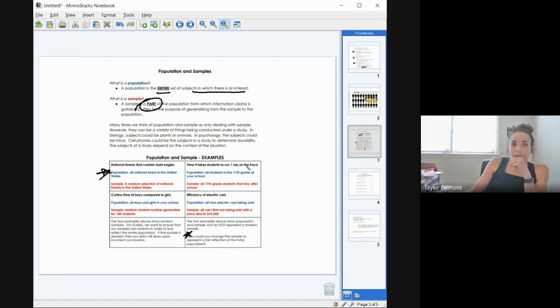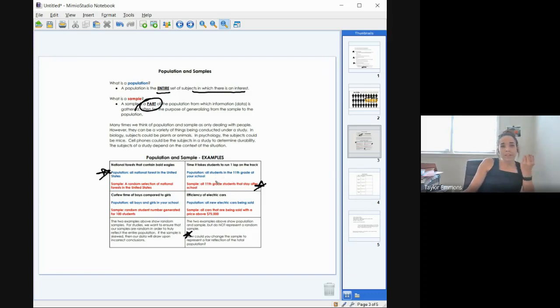So there's a couple of different ways we could have changed this up. Because in this first example, it says students that stay after school. Well, that's kind of biased. That's a certain type of kid, I guess you could say. And so we would want this to be a random sample.